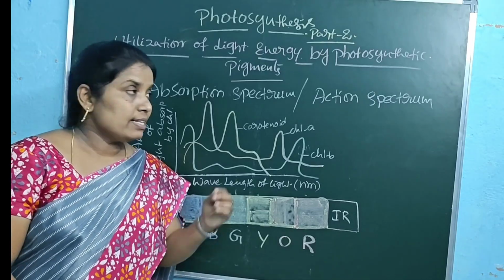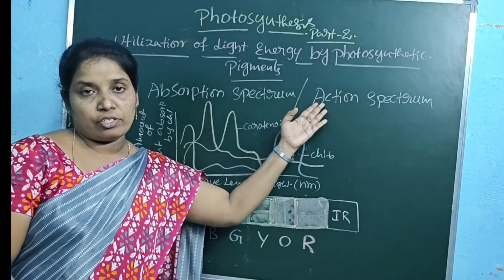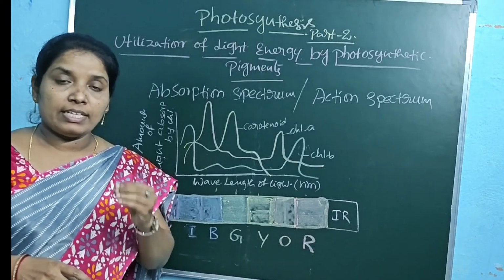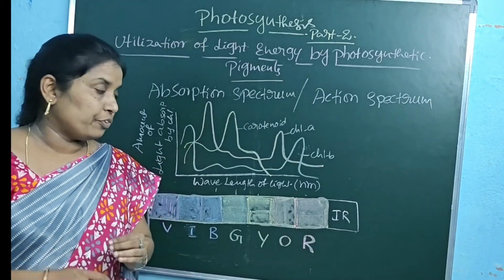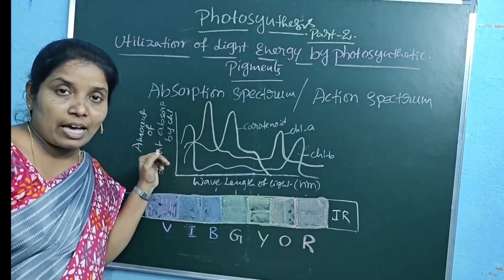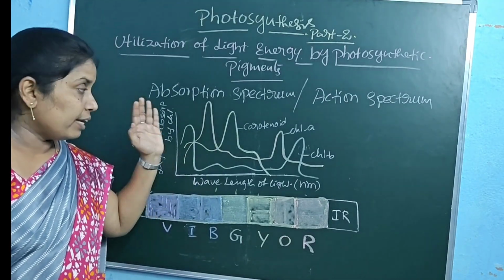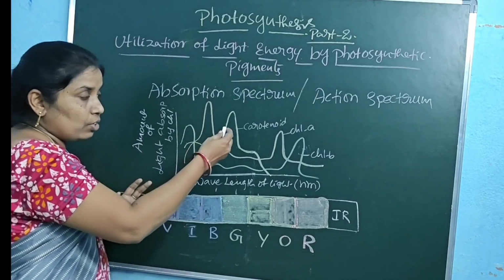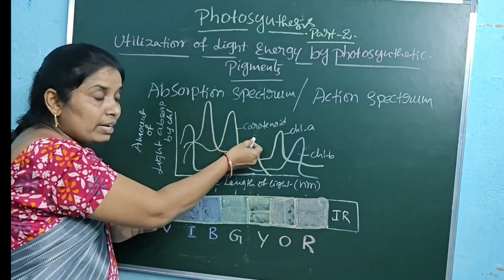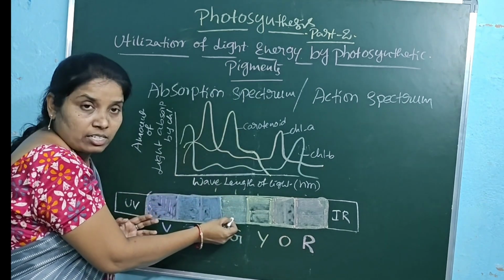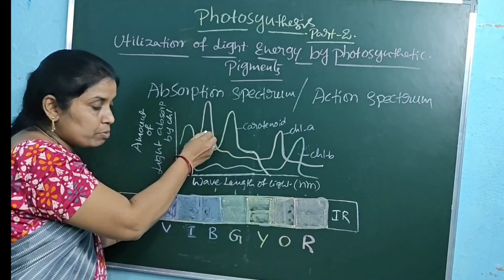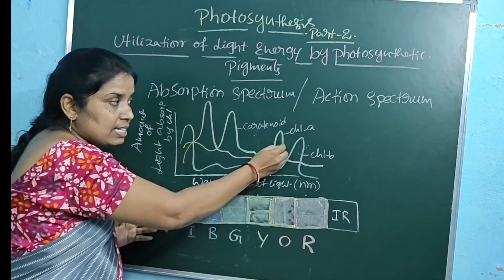Okay, so let's see what the absorption spectrum is and what the action spectrum is. The absorption spectrum is a graph plotted between the wavelength of light and the amount of light energy absorbed by the pigments. Here you can see that chlorophyll A shows peak absorption in the blue region and also in the red region.